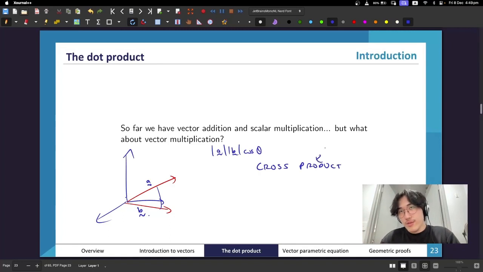The cross product actually returns a vector output from multiplication.